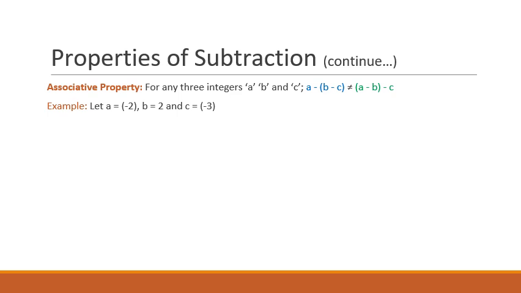Let's continue with the properties of subtraction. Now the third property of subtraction is the associative property.